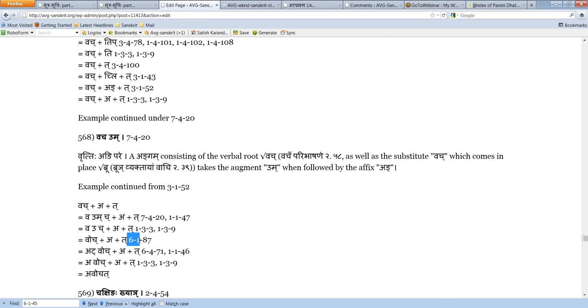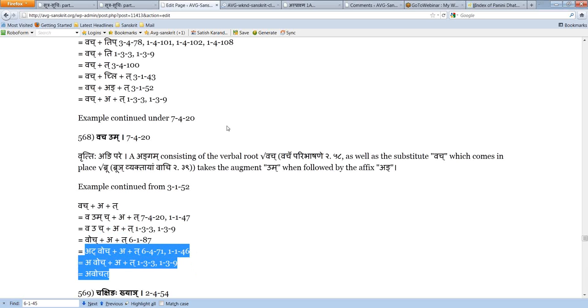Then of course ad gunaha. It is joined after the last vowel of vach, which is after the akaraha, and so we get va u cha at, then ad gunaha, vochat. Now of course adagamaha, lung, ang, anubandha lopaha, avochat.